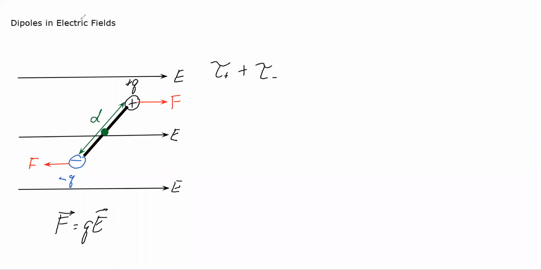I want to find out what these torques are. So let me just focus on T plus for now. Well, remember torque is found like this, right? R cross F. So R is the distance, just to refresh your memory here.